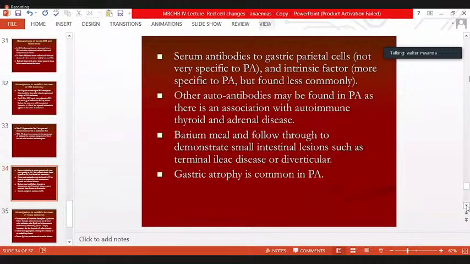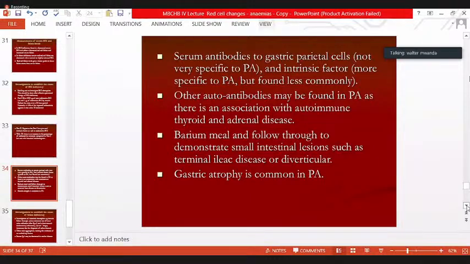In pernicious anemia, the major cause of malabsorption is the presence of antibodies to the gastric parietal cells. Gastric parietal cells produce intrinsic factor. Intrinsic factor enhances the absorption of vitamin B12 at the terminal ileum.